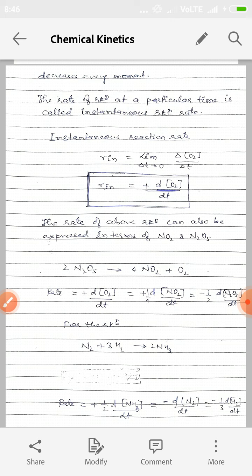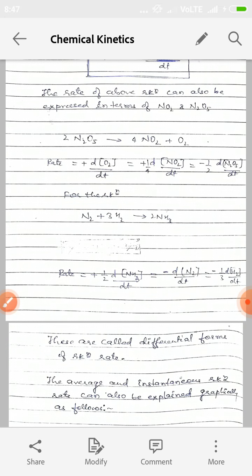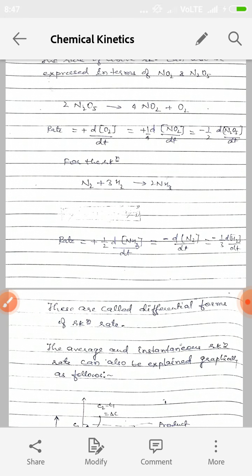R instantaneous equals limit delta T tends to 0 of delta O2 concentration by delta T. Rate instantaneous equals plus d concentration of O2 by dt. The rate of the above reaction can also be expressed in terms of NO2 and N2O5.